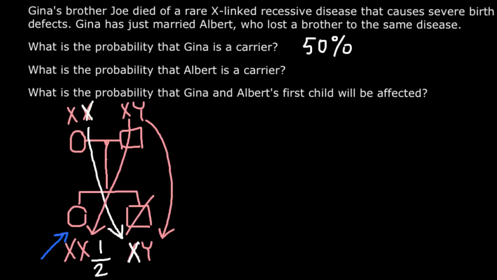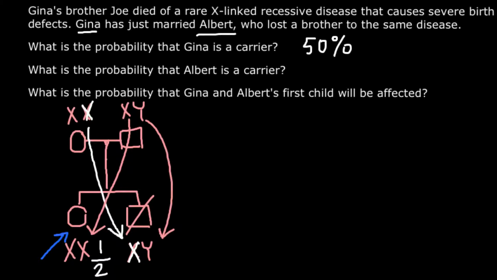So Gina married to Albert, who had a brother who also died from this genetic disorder. And as you see, Albert should be 100% normal because his genotype as a male is also XY, and if he would have this defective X chromosome, as in this example, he would die.